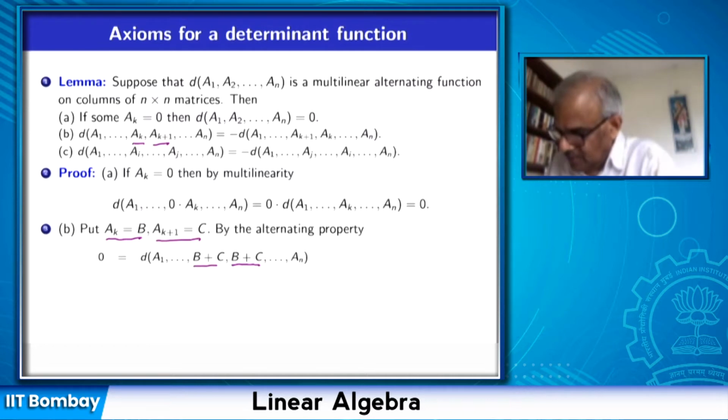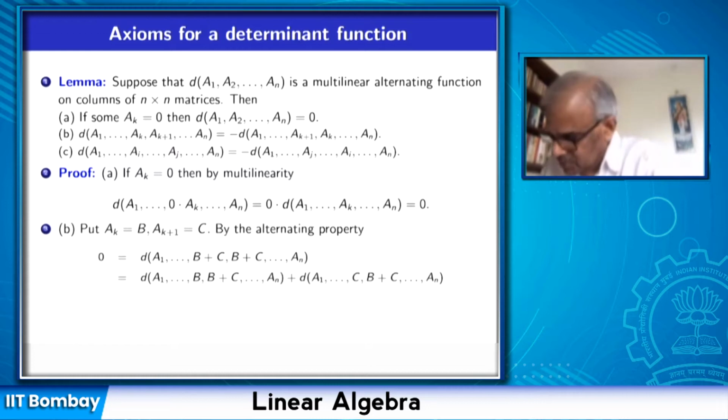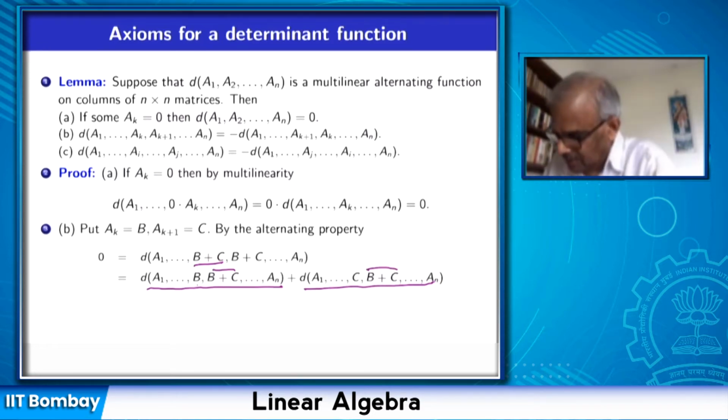But now I will use multilinearity in the kth argument and the (k plus first) argument. So first split B plus C, keeping the other B plus C fixed, as B and C, and use the multilinear property.